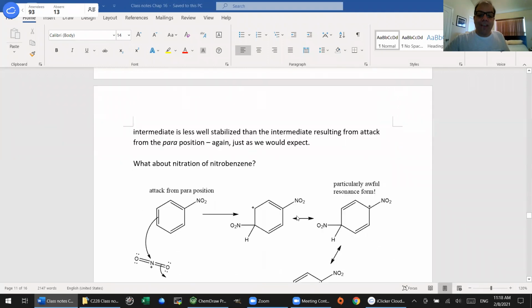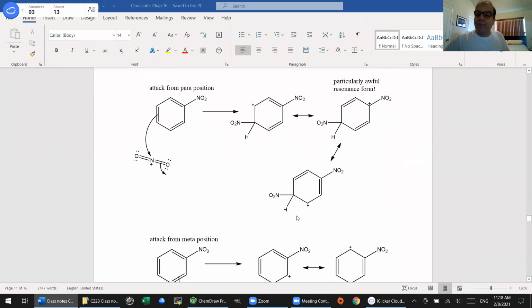What about meta directing groups like nitro? Well, let's compare what happens when we've got nitrobenzene and we attack the nitronium ion from the para position, which is not the way we would expect the reaction to go.